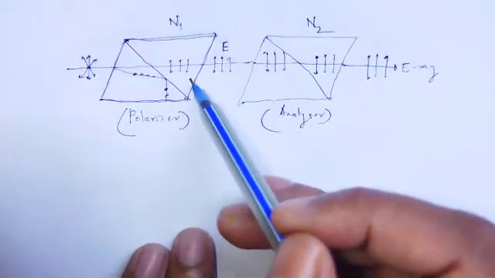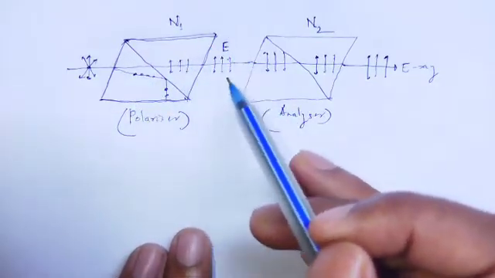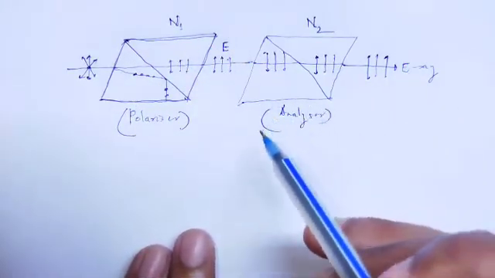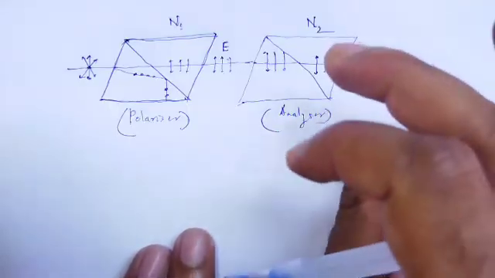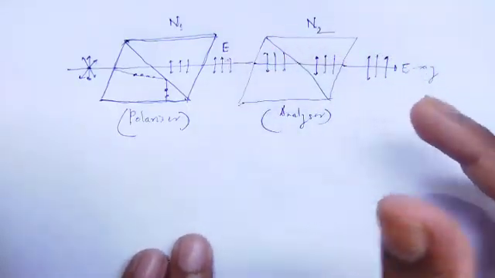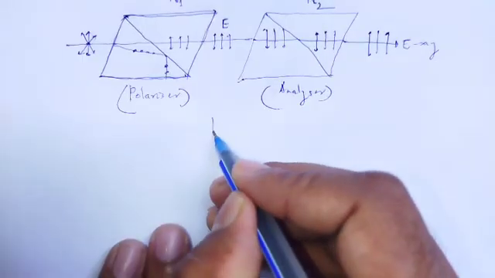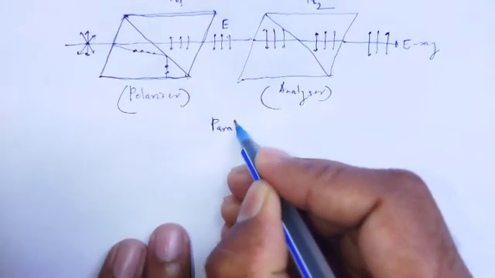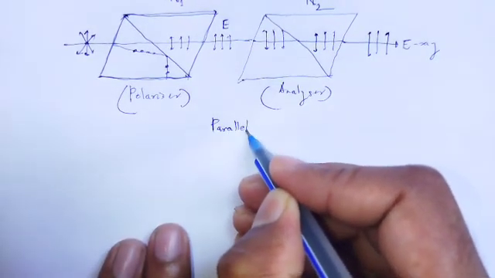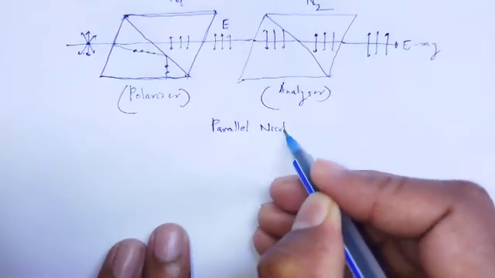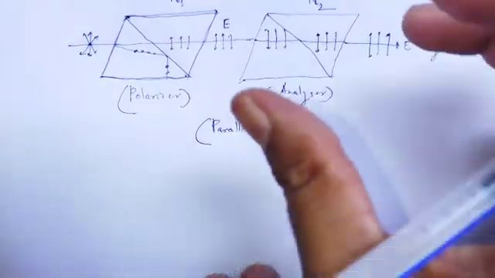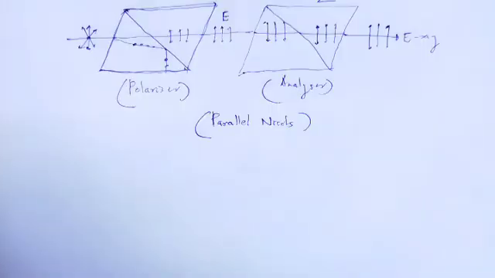By using the polarizer we obtain polarized light. By using the analyzer we detect whether the light is polarized or not. This is the condition for parallel Nicols. These two Nicol prisms are parallel with each other.